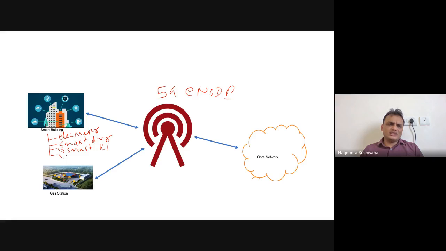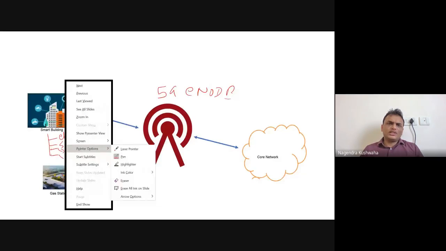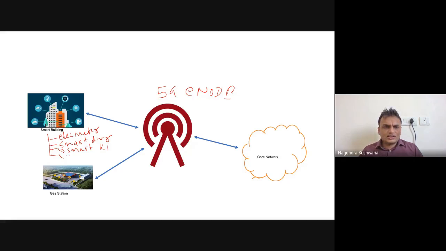It may have other sensors also, like temperature sensors. All those sensors are generating data and sending it to the eNodeB. eNodeB is nothing but, you might be aware of BTS, and in more layman terms it is called a tower.